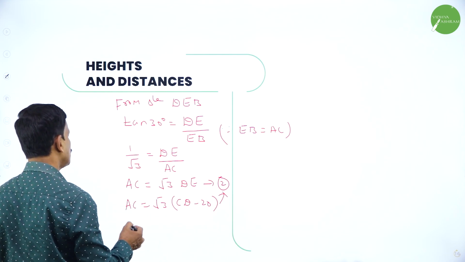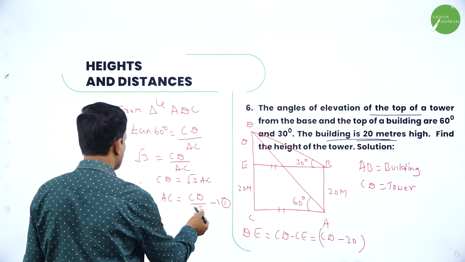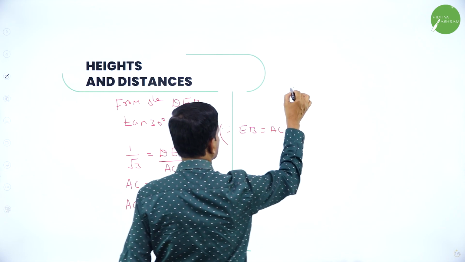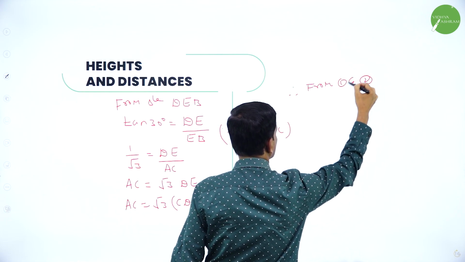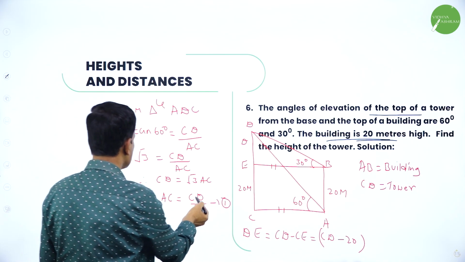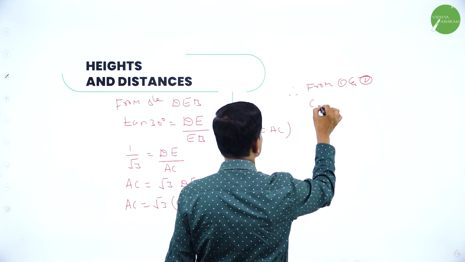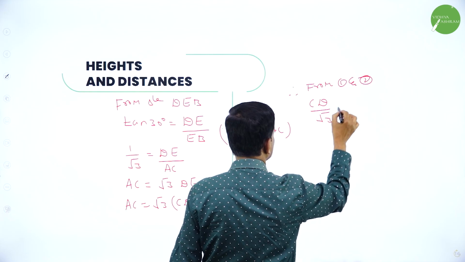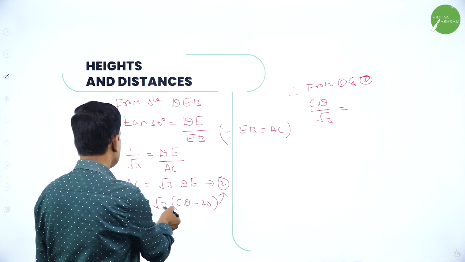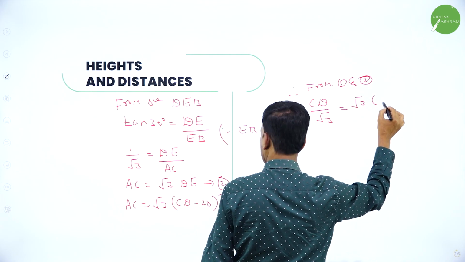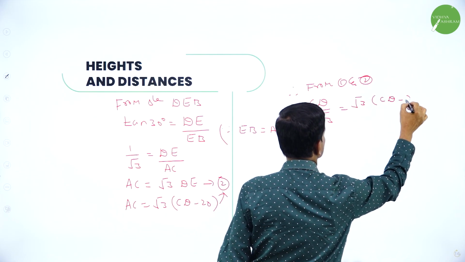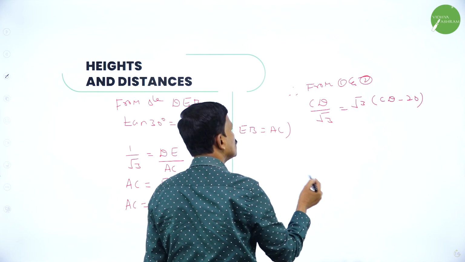Now substitute the value of AC. From 1 and 2, we have AC is equal to CD by root 3, equal to root 3 into CD minus 20. Simplify this.